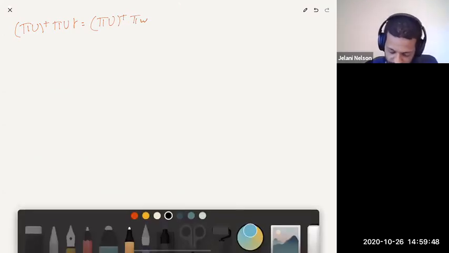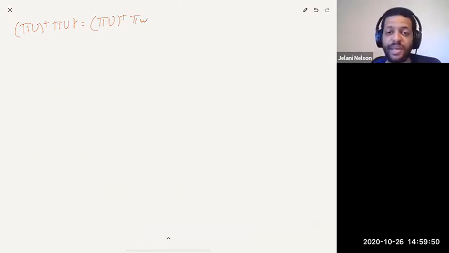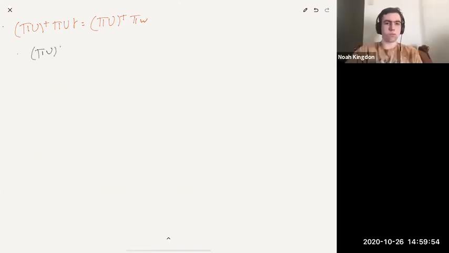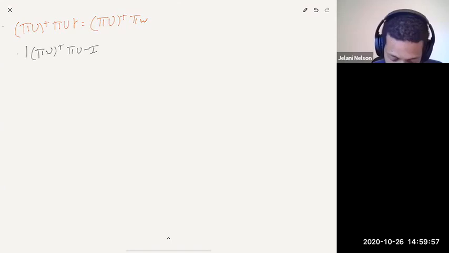Now let's write the following. I know that pi is a subspace embedding. So that means that pi U transpose pi U minus the identity is at most epsilon, at most, let's say a quarter. So let's call it epsilon naught. It's some fixed constant. Let's say it's a quarter.